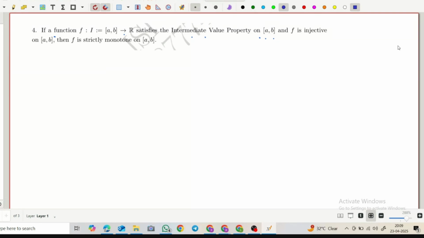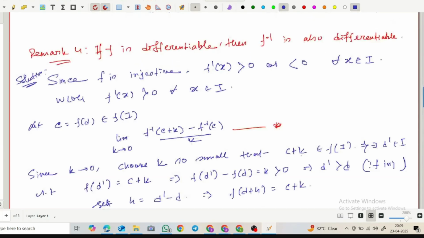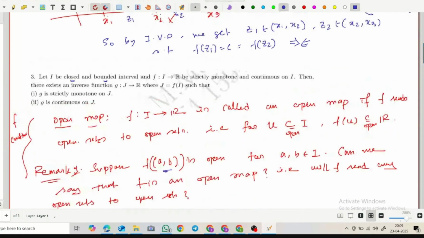We want to prove that if f is a function from a closed bounded interval to R. I will just request you to observe one thing. You see that we did not need the closed and bounded interval and all those things.